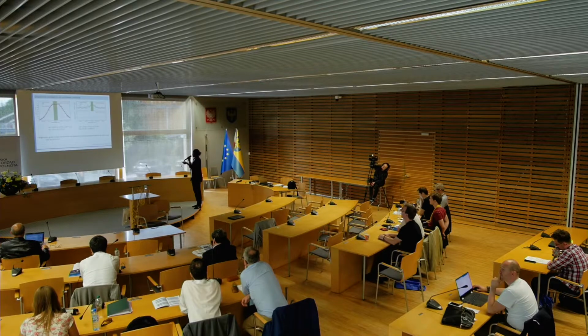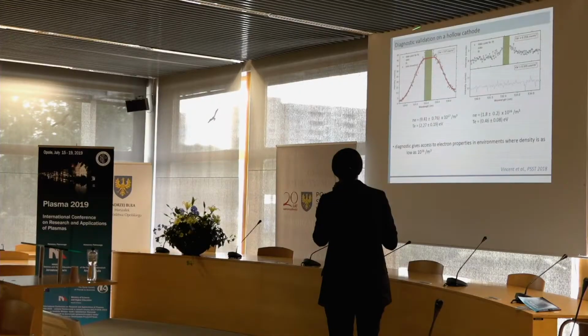So with this slide, I just want to prove to you that we have been able to validate the diagnostic on a hollow cathode, and these are the results. Nice spectrum. This area here is the filter region, which we exclude. And we're able to measure density on the order of 10 to 16 per cubic meter, which is unprecedented, I guess.